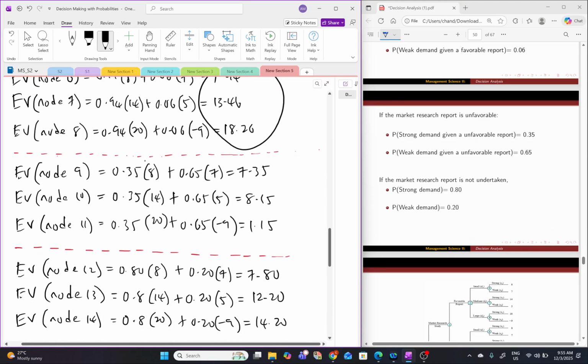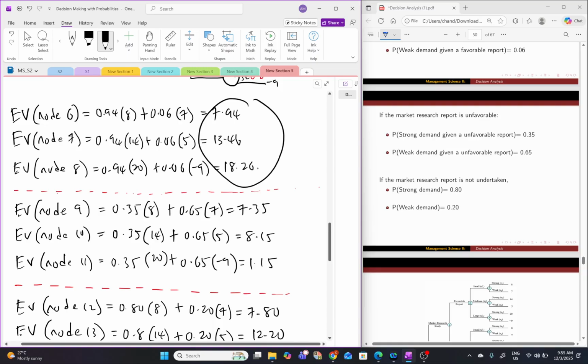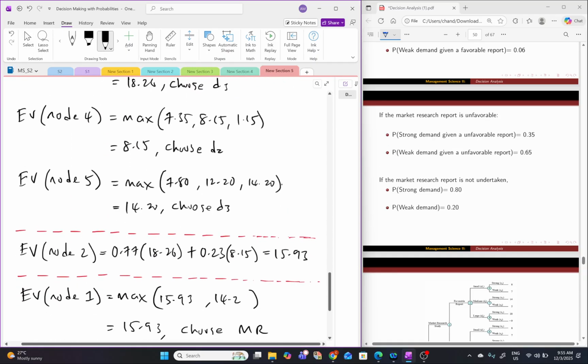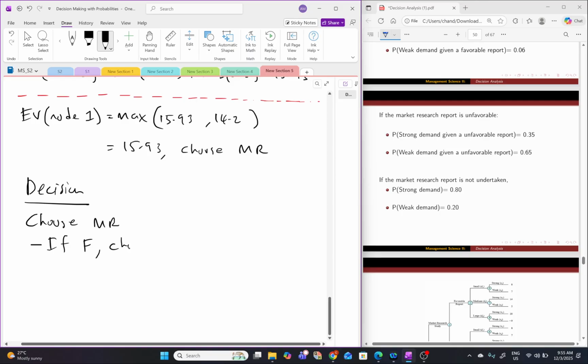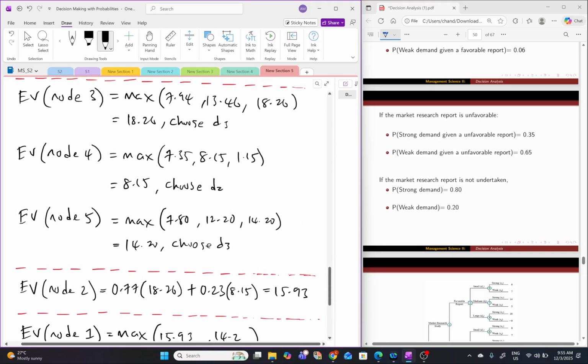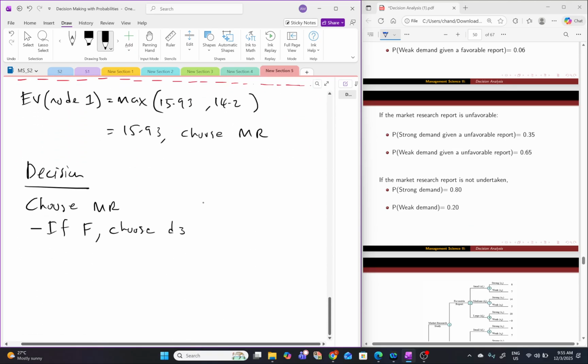D1, D2, D3, 18.26 ni D3 ya, choose D3. Yang ini boleh nampak dekat sini ni, node 3. If 18.26 you choose D3, ini favorable. Unfavorable, choose D2. If unfavorable, choose D2.